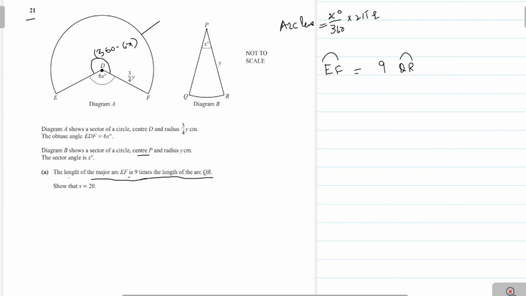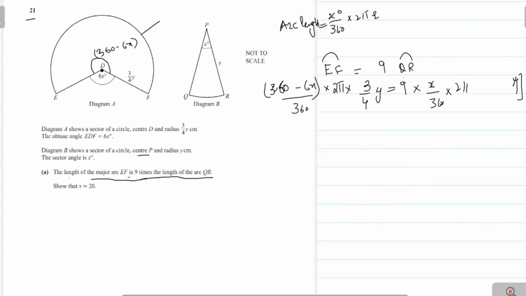Therefore, we can write the arc length EF will be equal to 360 degrees minus 6x over 360 multiplied by 2 pi into radius 3 over 4y. Now the length of QR will be equal to x degrees over 360 multiplied by 2 pi into radius, here it is y.